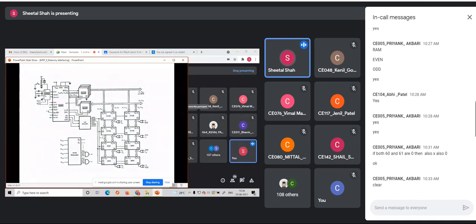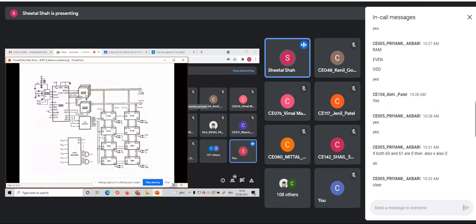Okay. So till now, we have observed the interfacing of the memory with the CPU. Either it can be a RAM IC or it can be a ROM IC. Now, how to interface with the IO device? If we want to interface with the IO ports, the same concepts can be used, but here the IO ports can be addressed by using only 16 bits rather than the 20 bits.